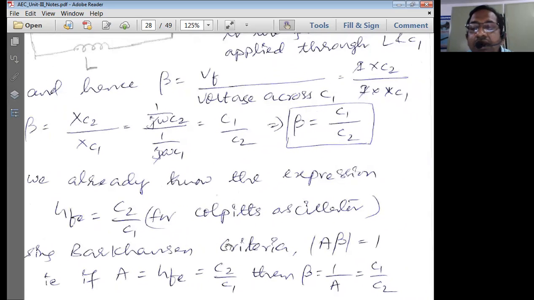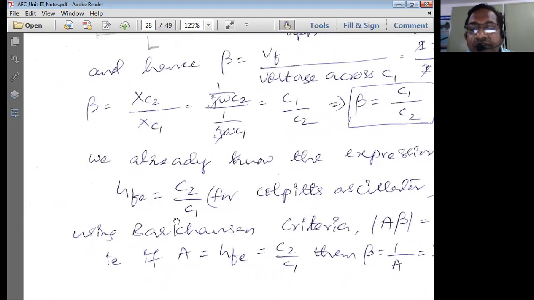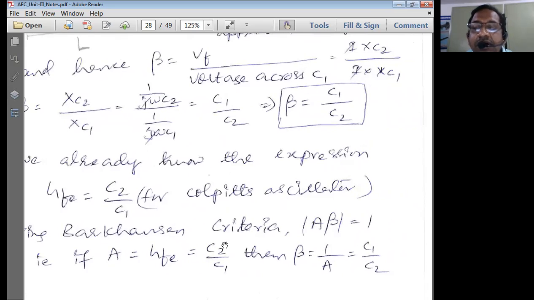Now, from the analysis of the Colpitts oscillator, we know the condition of oscillations: HFE equal to C2 by C1. Beta should be the reverse of this, so that when you multiply these two, you get the value as 1. Because in oscillator circuits, we have to satisfy the Barkhausen criterion to produce sustained oscillations, which is mod A beta equal to 1.